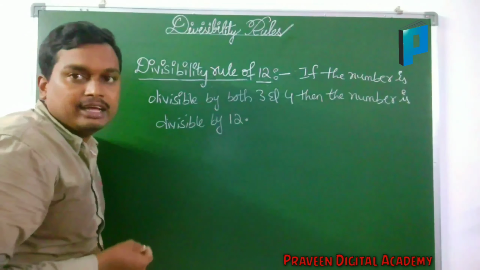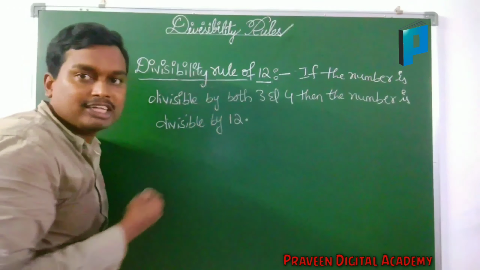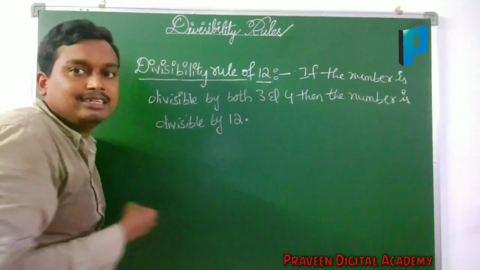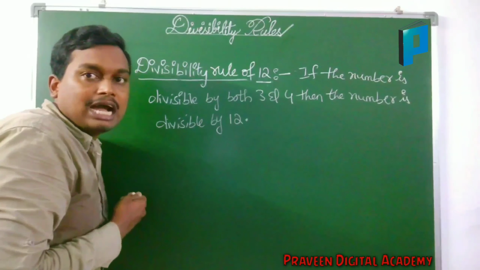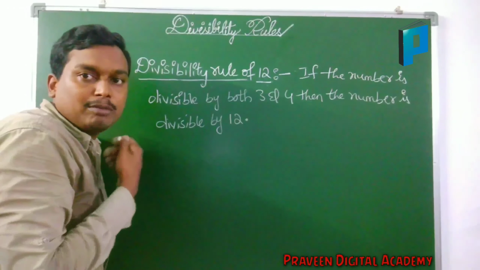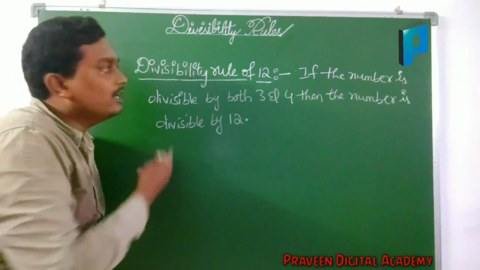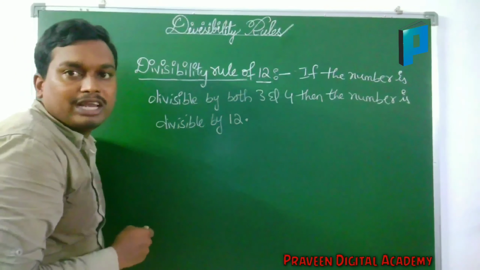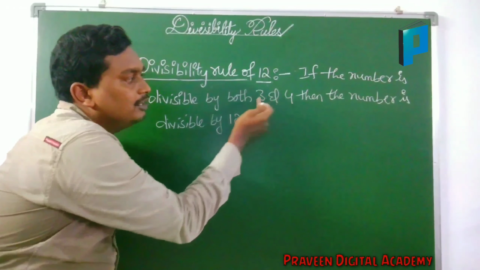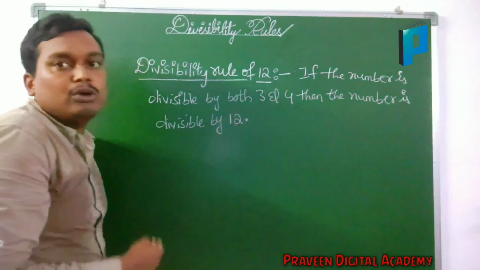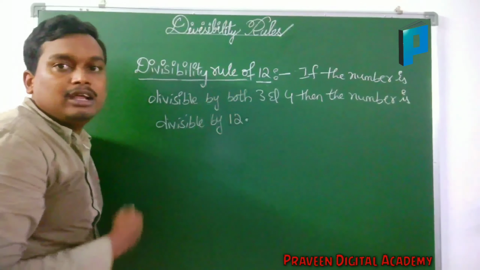Here, 12 does not have a special divisibility rule. It is like 6 only. A number which is divisible by both 2 and 3 is divisible by 6. Here the divisibility rule of 12 is: the number which is divisible by 3 and 4 is divisible by 12.